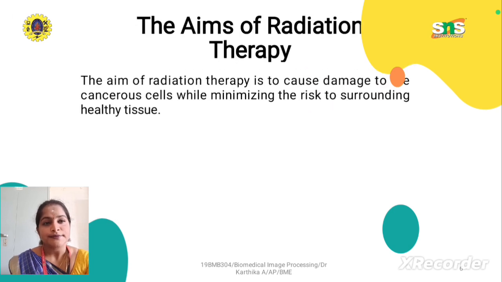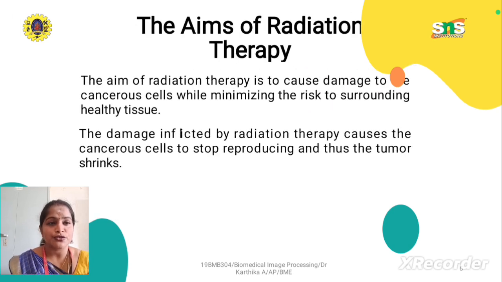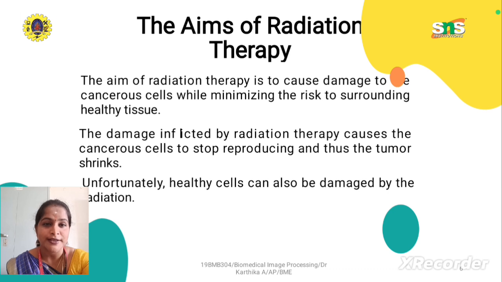See here, the aim of radiation therapy is to cause damage to the cancerous cells while minimizing the risk to surrounding healthy tissue. The damage caused by radiation therapy makes the cancerous cells stop reproducing, and thus the tumor shrinks. But unfortunately, the healthy cells can also be damaged by radiation.